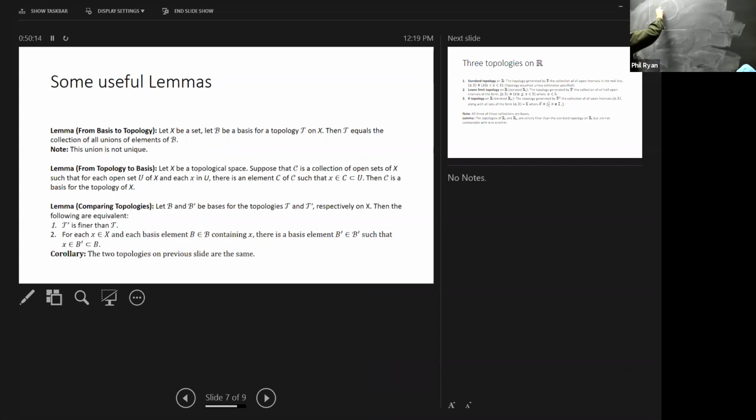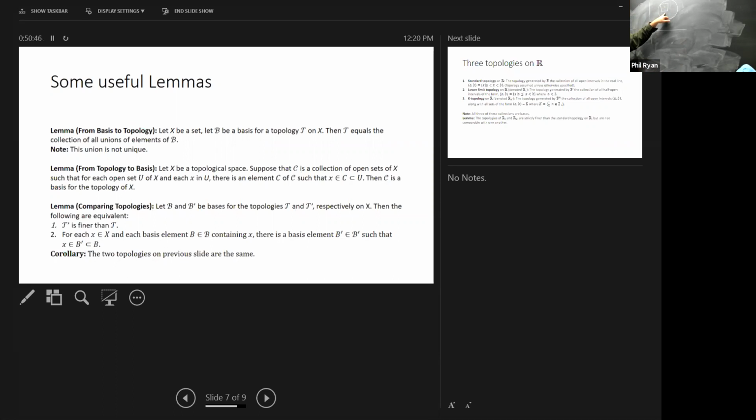Well, that's straightforward. And you can go through all the details, but that's fairly straightforward. So any circular basis element contains a rectangular basis element, and that's true for all points within that thing. So this shows that the rectangular basis is finer.